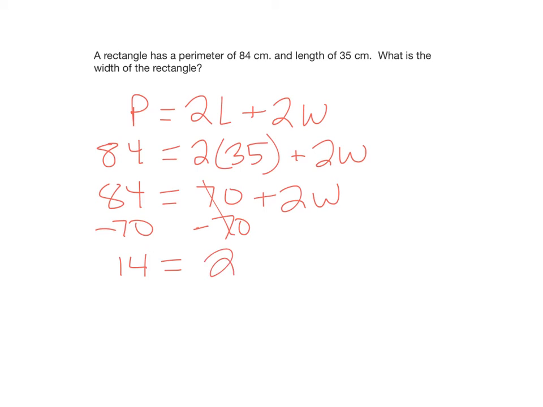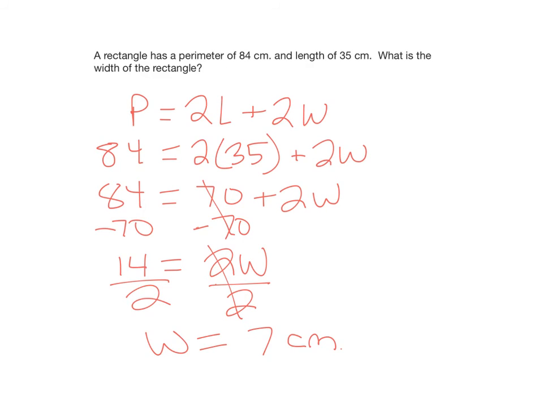We're left with 2w. We finally divide by 2 on both sides to undo multiplication. The width is 7 centimeters. Don't forget that label. It's important to label your answers in story problems.